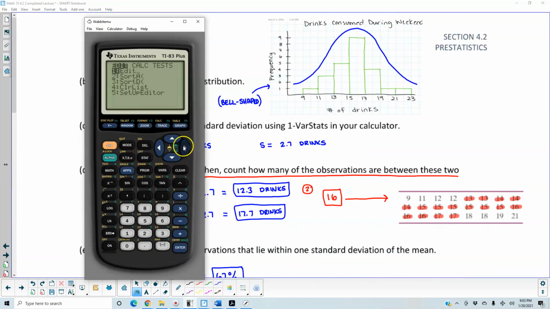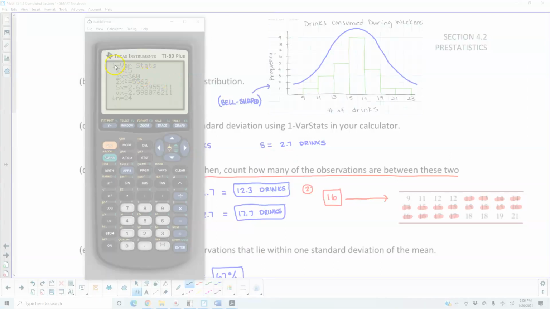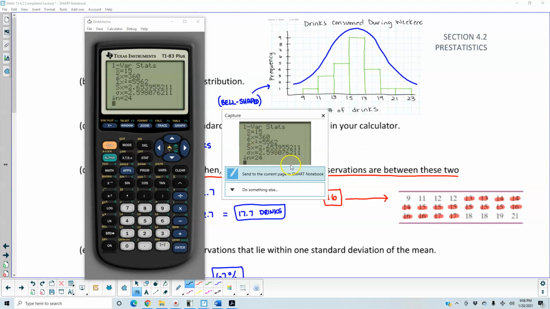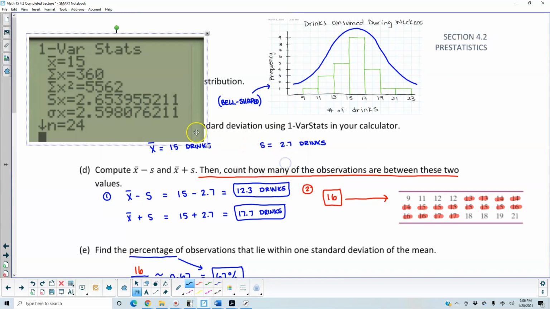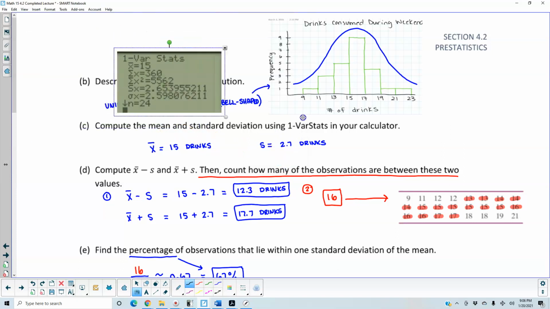So stat, calculate, and then we'll go to one-variable stats. And we want list 1. So there's L1. So now we have our stats. So we can find out what our mean and standard deviation are going to be.